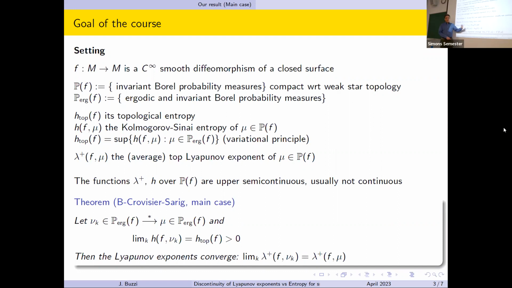I made the more costly assumption that the limit is ergodic. I assume that the entropy converges; I could get it by passing to a subsequence, but the main point is that it converges to the topological entropy, the maximum possible value, and that this maximum possible value is not zero. Then the conclusion is that the Lyapunov exponent must also converge.